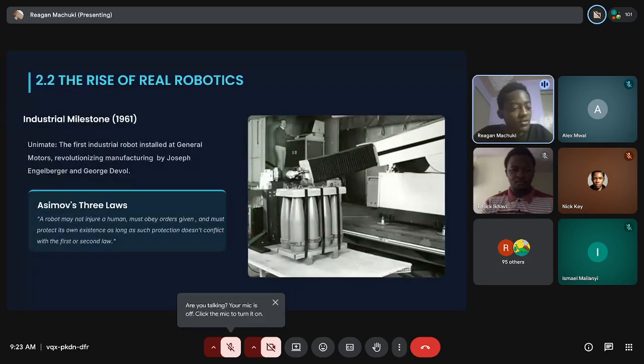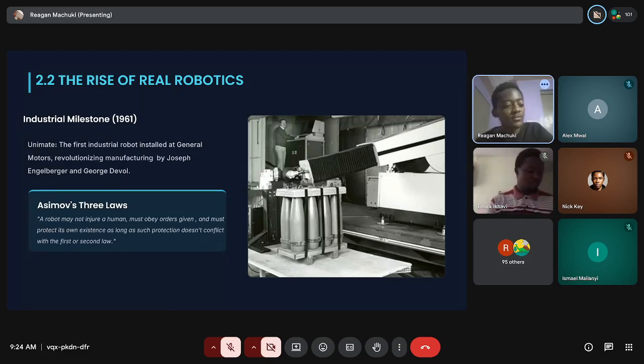And then the rise of robotics. This was the first industrial robot, called Unimate. It was installed at General Motors, revolutionizing manufacturing, and this was done by two great scientists, Engelberger and George Devol. And then Asimov created three laws of robotics in the mid 20th century.